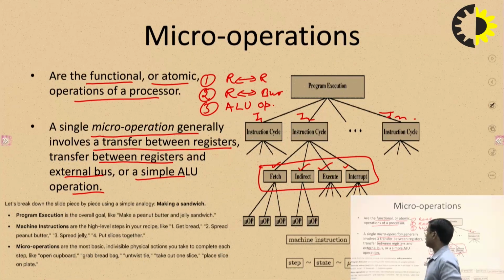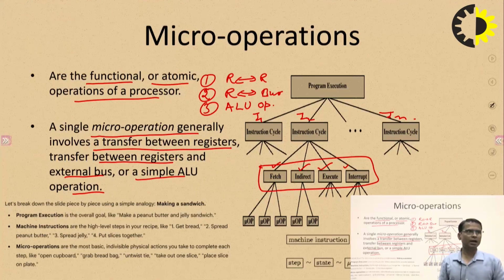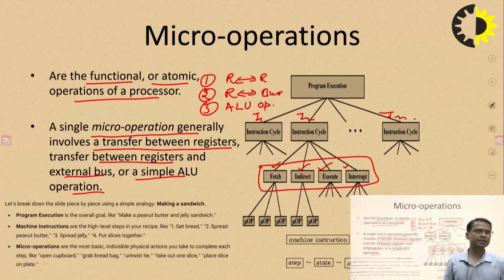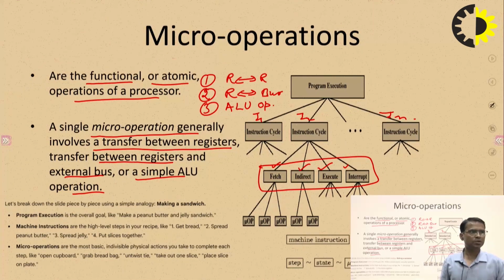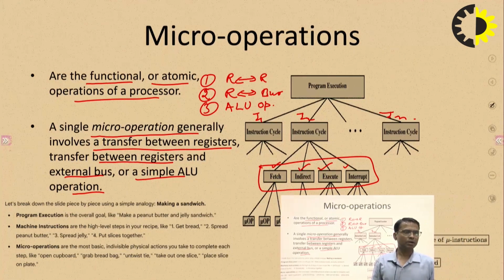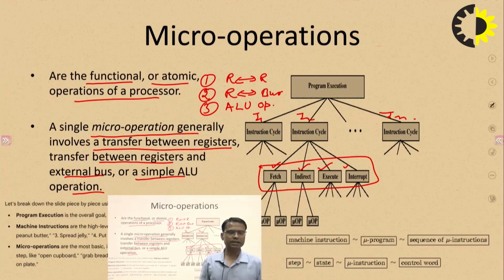So microoperations are generally classified into three classes: register to register transfer, register to bus transfer, and all the ALU operations.